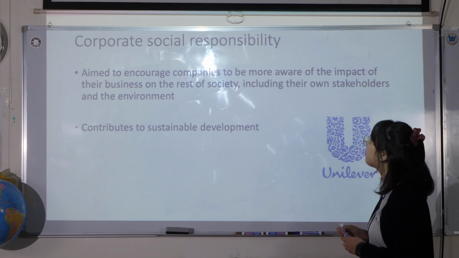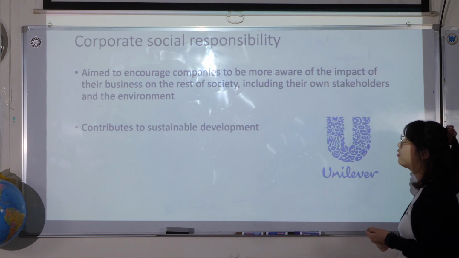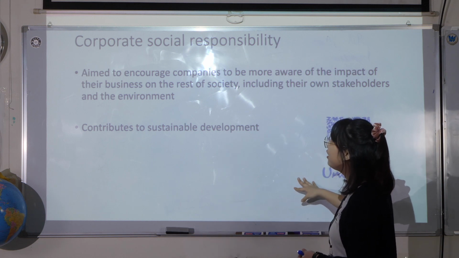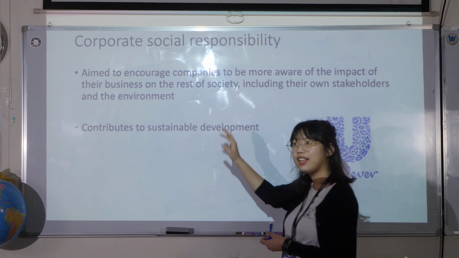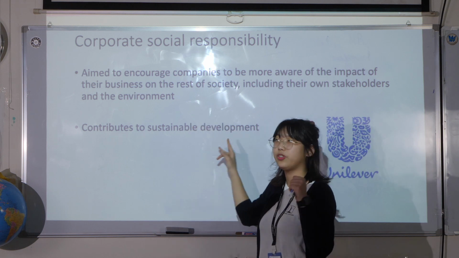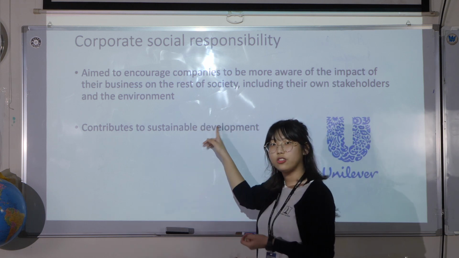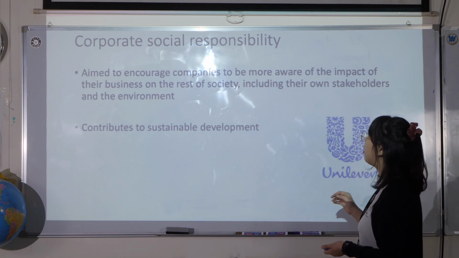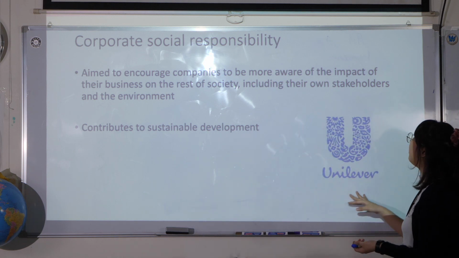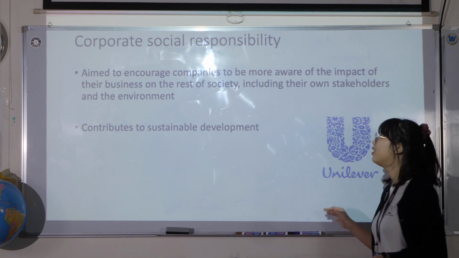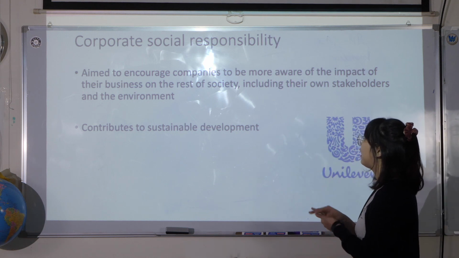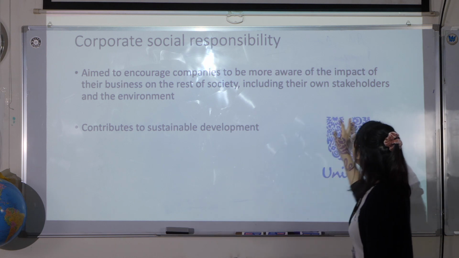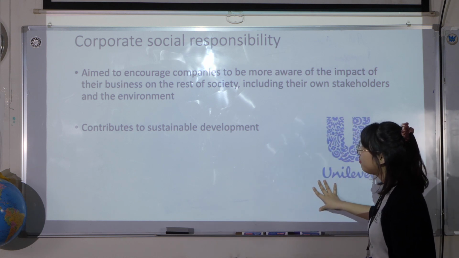And lastly, it is corporate social responsibility. I heard that this is very important in your new guide, so you have to remember this. It aims to encourage companies to be more aware of the impacts of their businesses on the rest of society. This highly includes the environment and their own stakeholders.